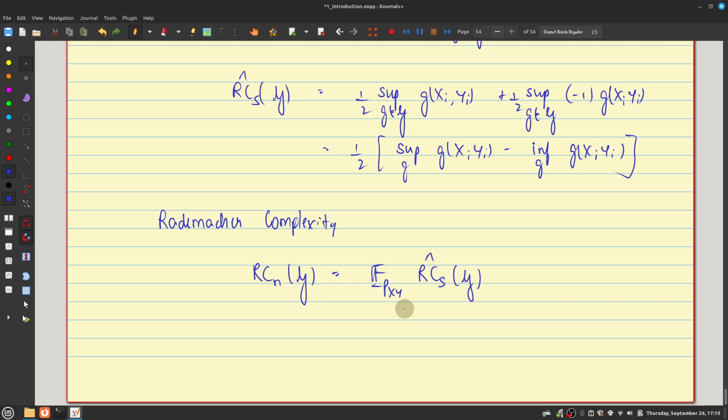N has nothing to do with the total number of samples. No, n is the number of samples that you have. So this is the size of the training set. Yeah, that's exactly why I've kept it there. So the Rademacher complexity depends, of course, on the hypothesis class.